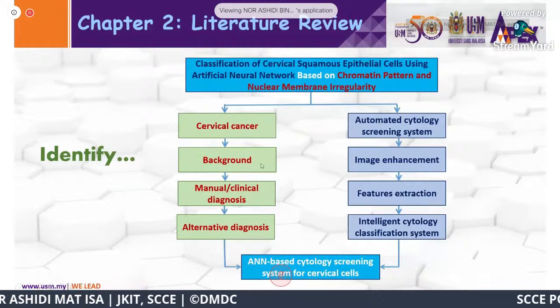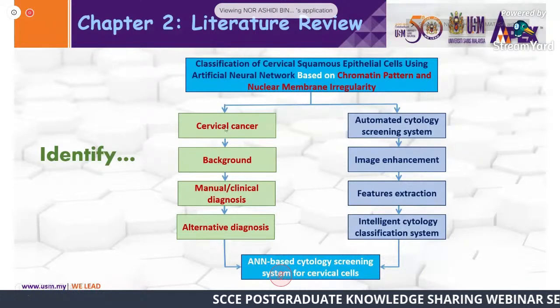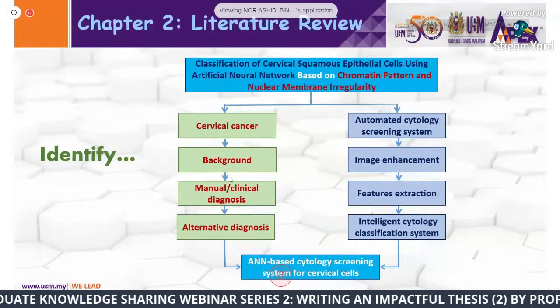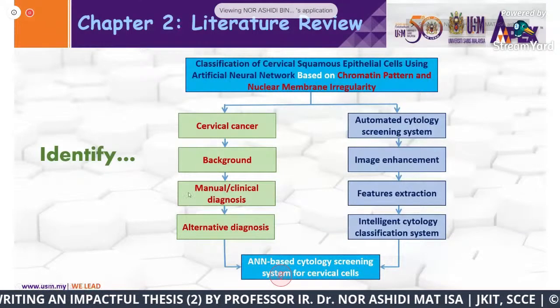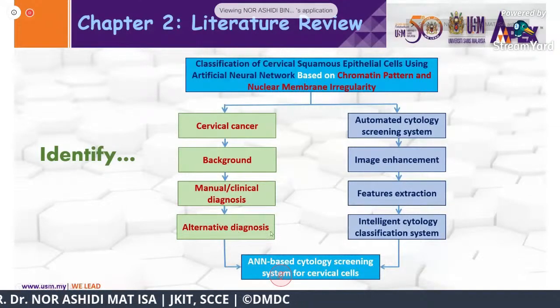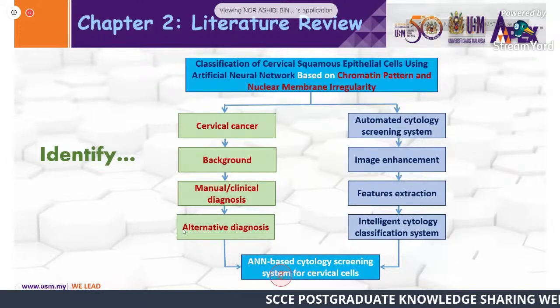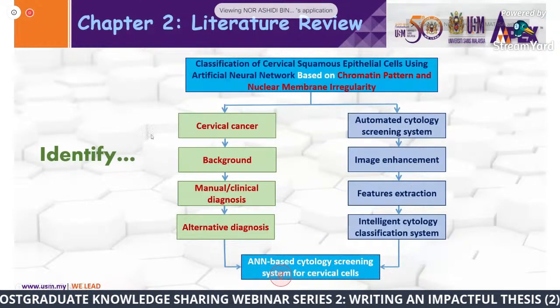I have to know what the background is, and I have to know how they screen or diagnose cervical cancer manually and clinically. From there, I need to know what the problem is. And from the problem, there will be alternative diagnoses proposed by previous researchers. So this is still in the literature review.